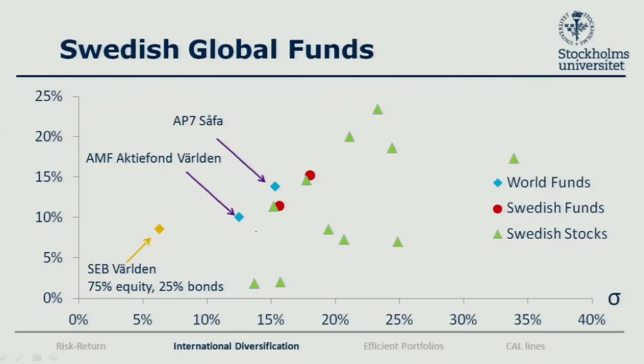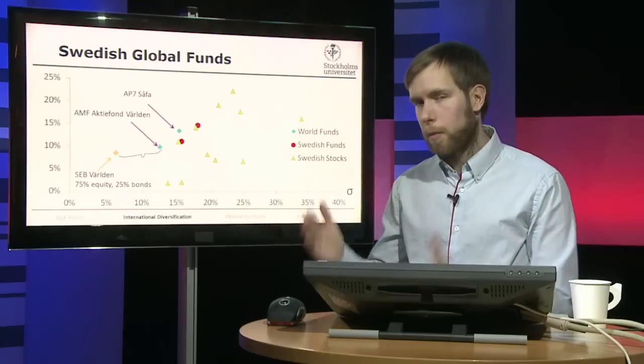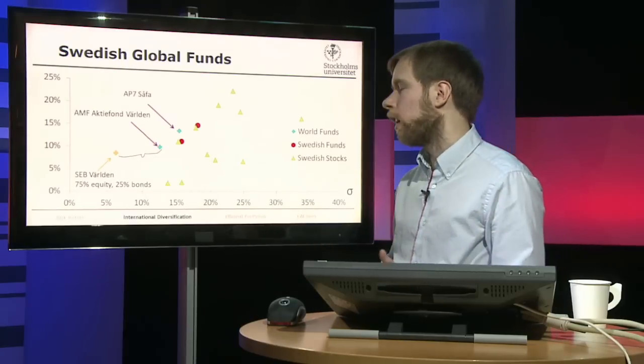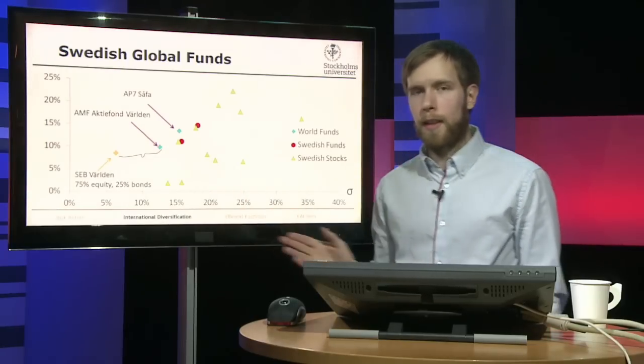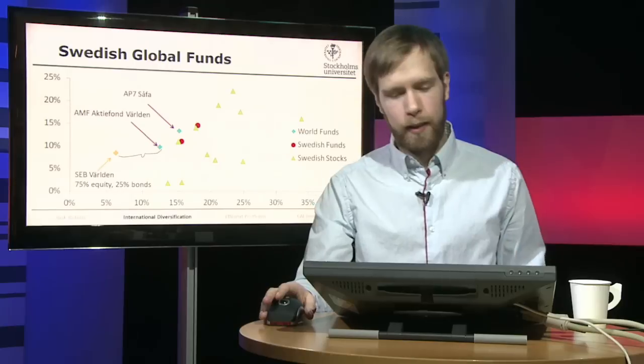So here you see that the risk is substantially less for this mixed fund compared to the other ones, although the return is not that much lower. So they have not invested that much in bonds, but it still helped to reduce the risk quite a lot.